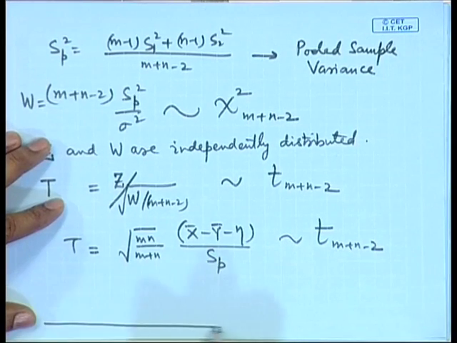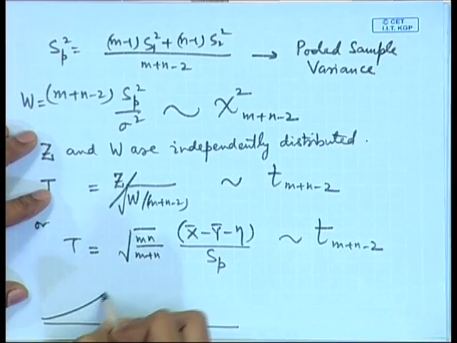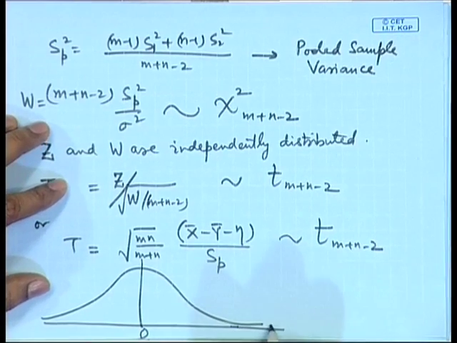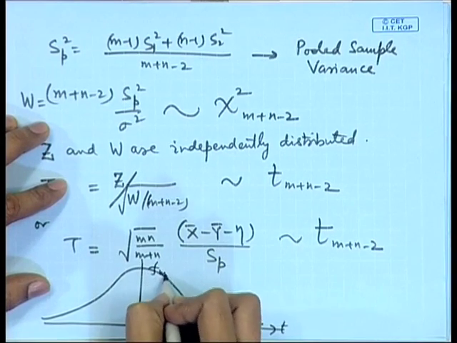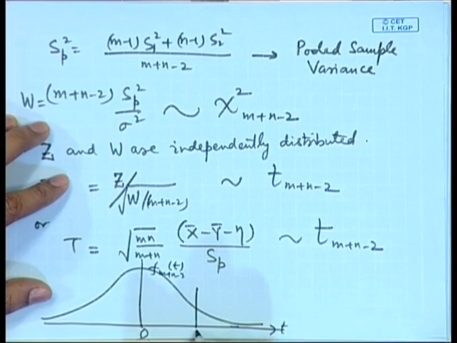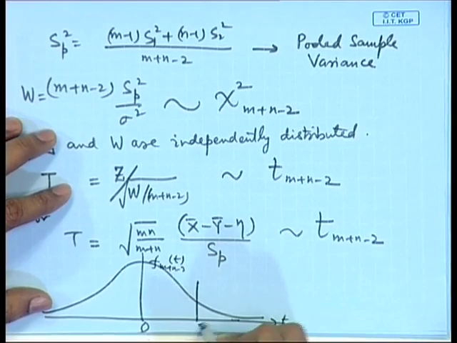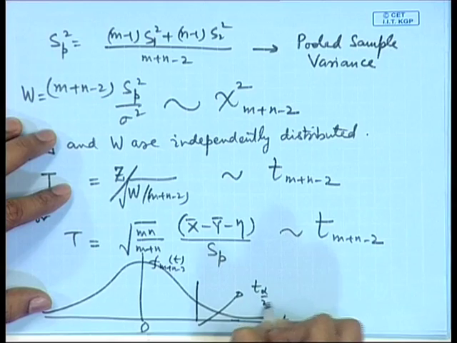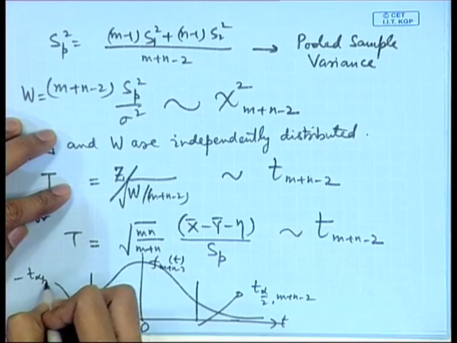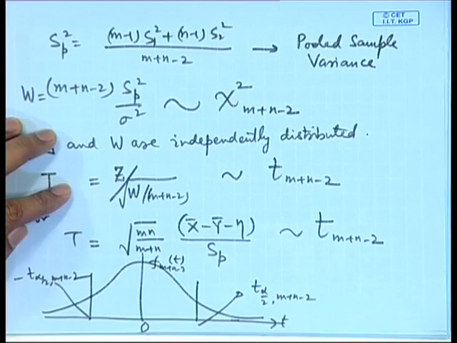So, we look at the t distribution, it is symmetric about 0, and so this is F m plus n minus 2 t. So, we look at the point here, this point is t alpha by 2, m plus n minus 2, and we have on the left hand side the similar point, that is minus t alpha by 2, m plus n minus 2.